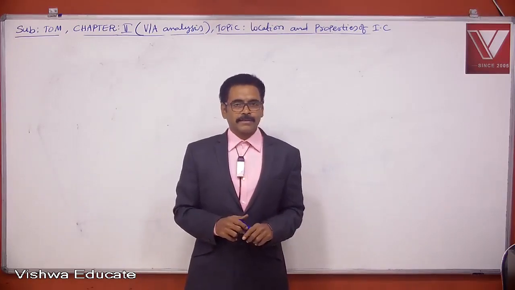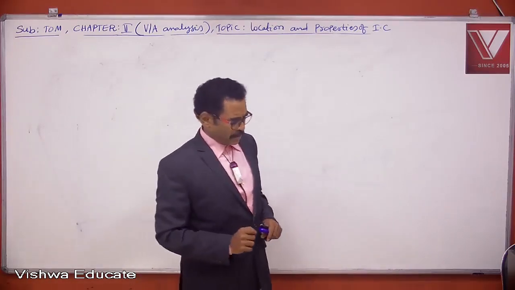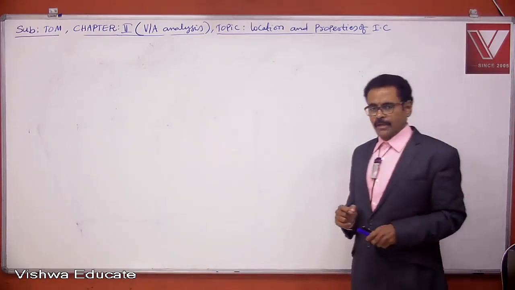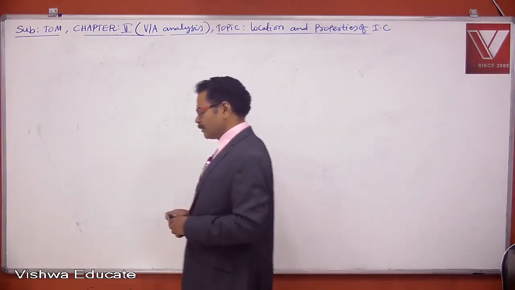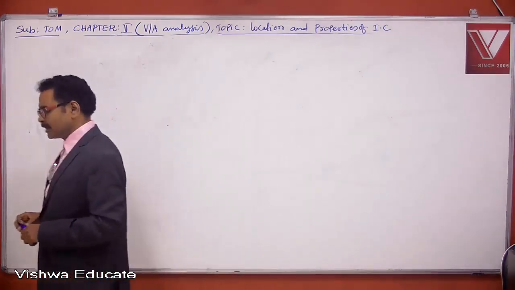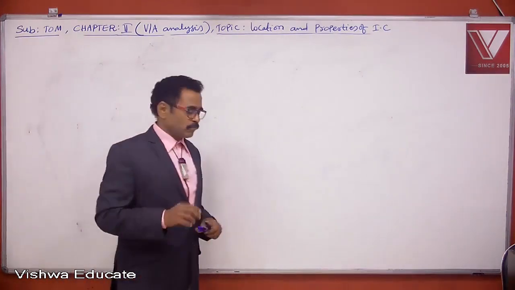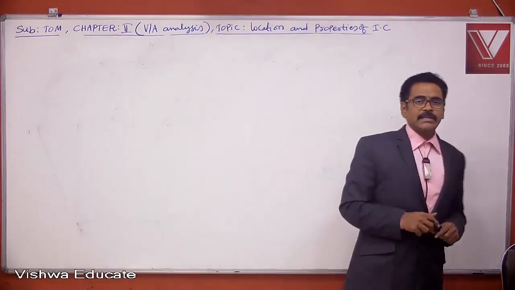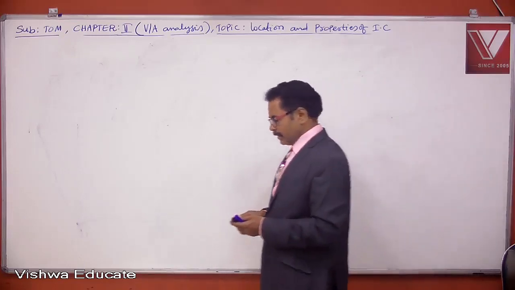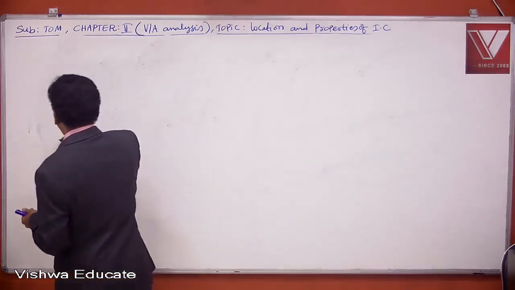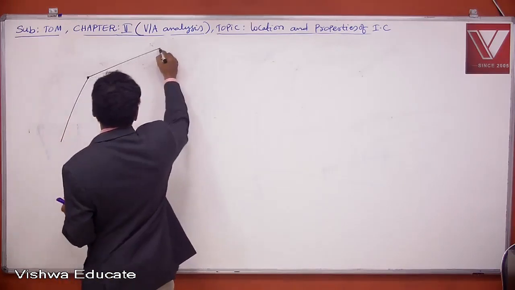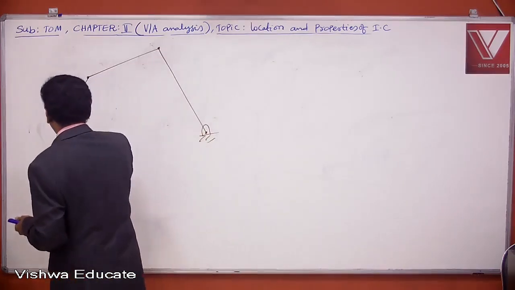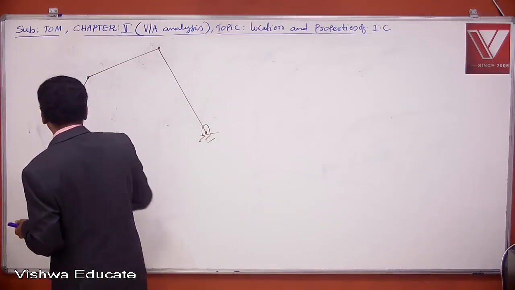How to locate ICs? Write down the next point. When 2 links are joined by a pin joint, their common IC lies at the center of the pin.